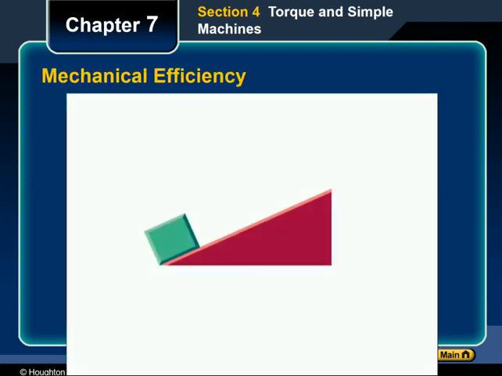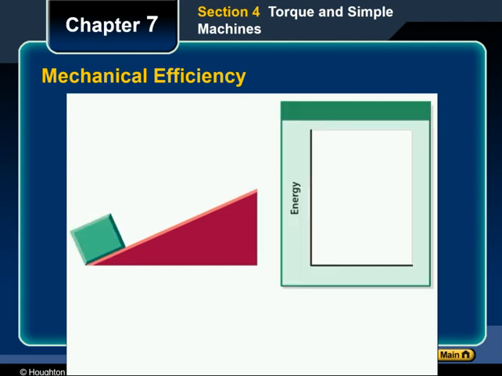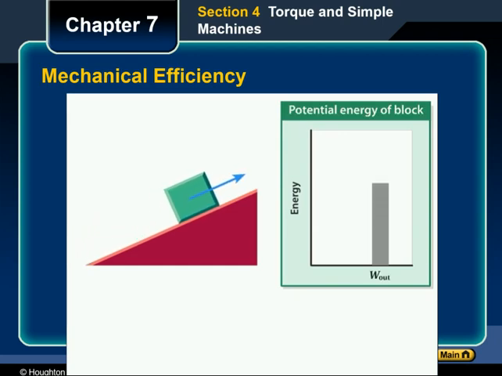The mechanical efficiency of a machine compares the amount of work energy output by the machine to the amount of work energy input into the machine. In the case shown here, energy is put into the system by the force that moves the block up the incline. As a result, the block gains gravitational potential energy. This is the output work of the machine.